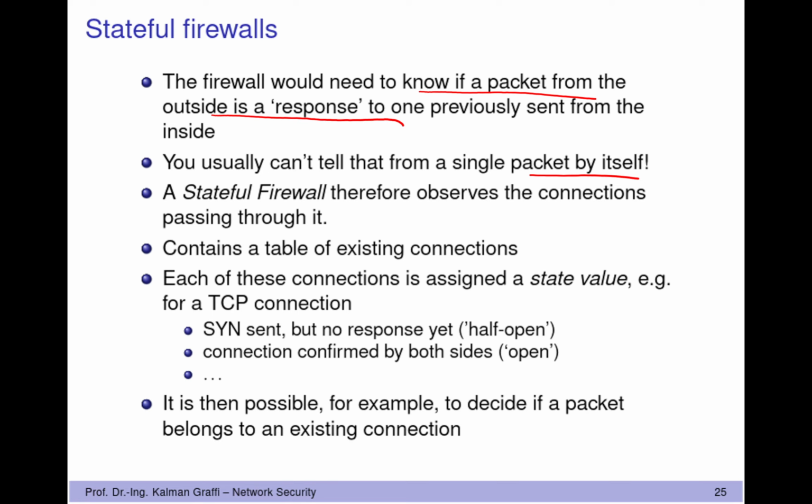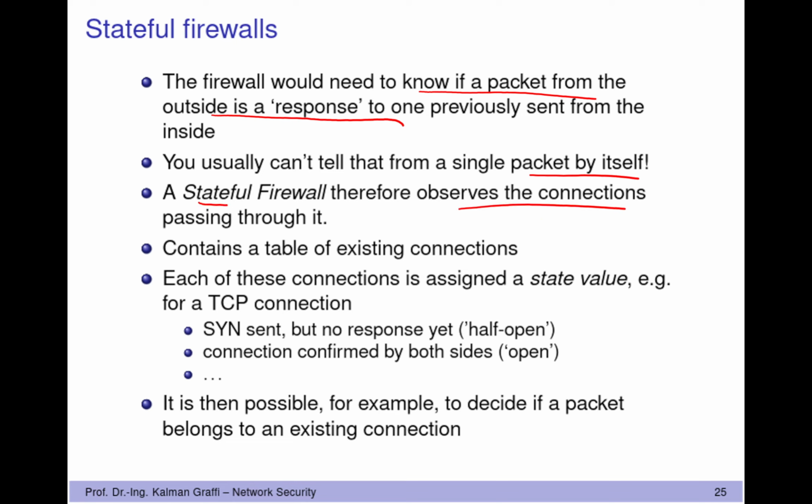If you get a random middle part in a chain of packets, then typically it does not contain any information on whether it is an established connection or not. So for that we need to establish some kind of memory, some kind of state, and then use it. A stateful firewall also observes the connections passing through it.